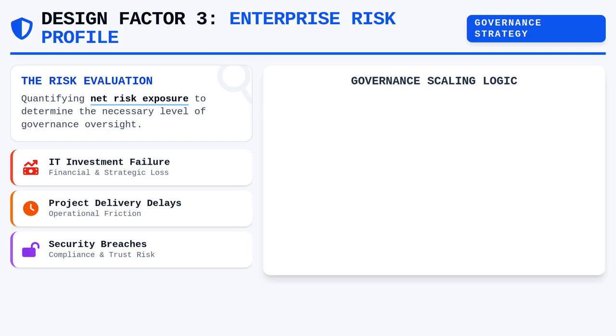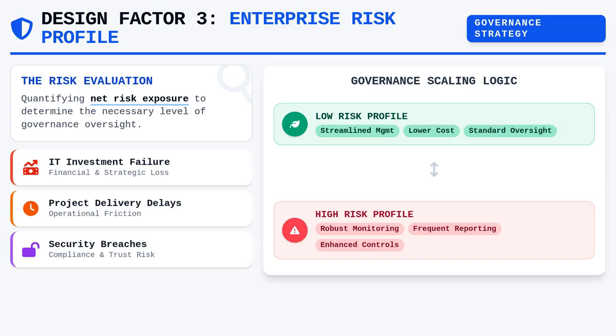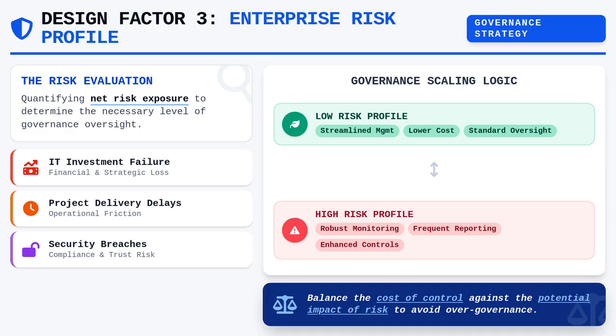By quantifying these risk exposures, we can determine whether specific governance processes need to be enhanced to provide greater control or if they can remain at a standard level. A higher risk profile requires more robust monitoring and more frequent reporting, while lower risk areas may allow for a more streamlined, lower cost management approach. The goal here is to balance the cost of control against the potential impact of risk, ensuring that we are not over-governing low-risk activities while neglecting critical danger points.